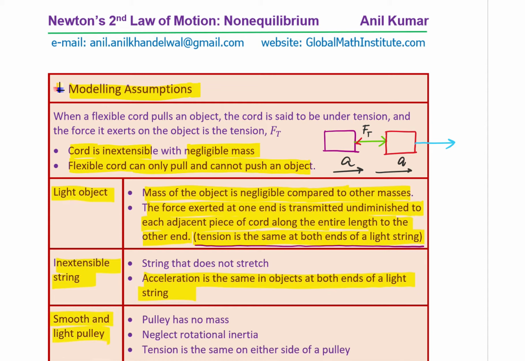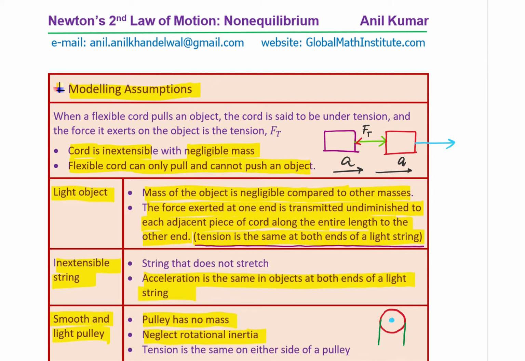We'll also take up an example with the smooth and light pulley. And there, what are the assumptions? Well, the assumption is that the pulley has no mass and we will neglect rotational inertia. And that's important because no force is required to actually move the pulley, right? So what we'll do here is that we'll actually pin the pulley in the center. So all the mass is in the center, let's say this is pinned. And now we're looking into the objects on either side.